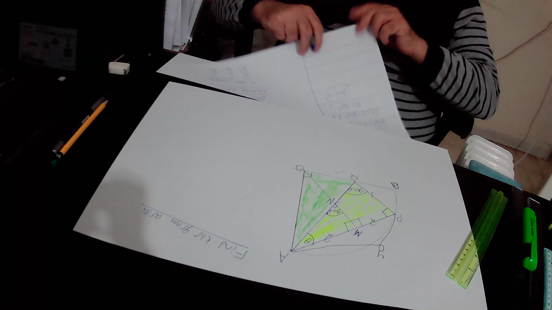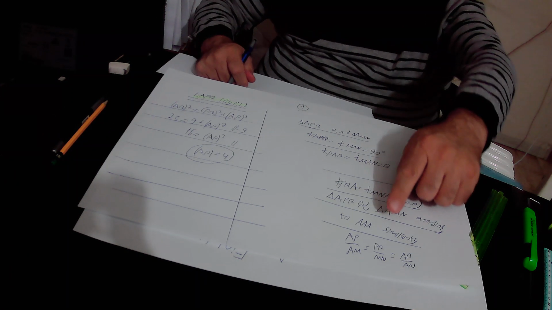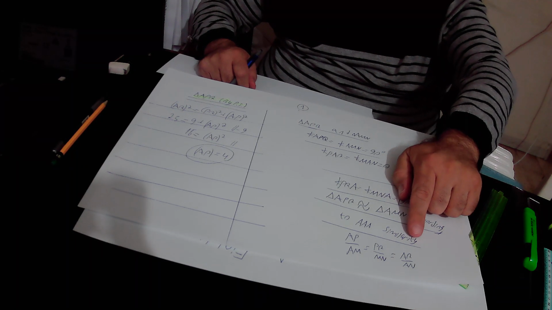Again, AP over AM equals PQ over MN equals AQ over AN.